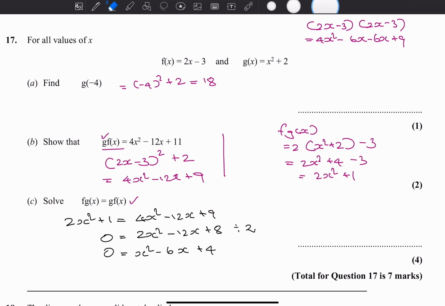Now, not bad. I wrote it wrong. That was plus 9 plus 2, which makes it 11. Yeah, because it's a show question. I didn't see that. 4x squared minus 12x plus 11 it was.